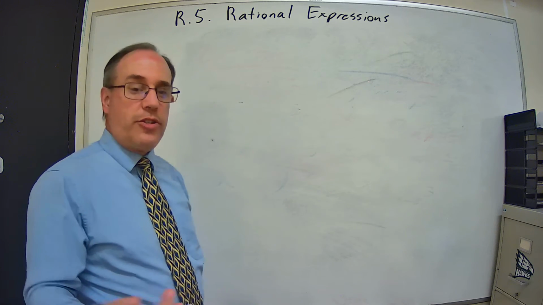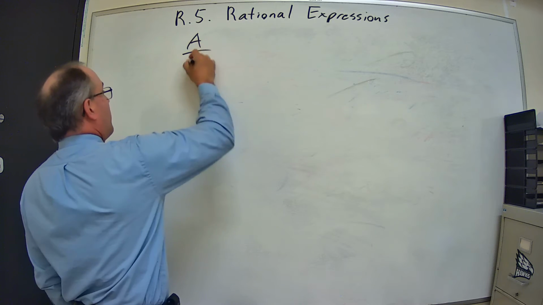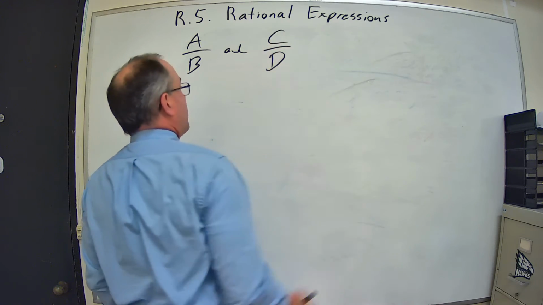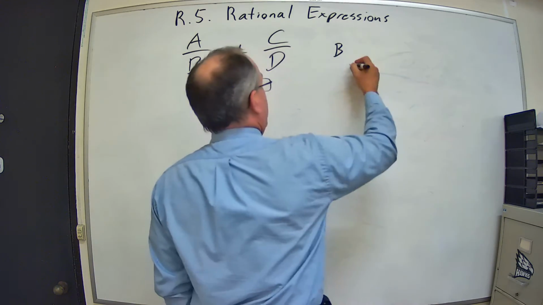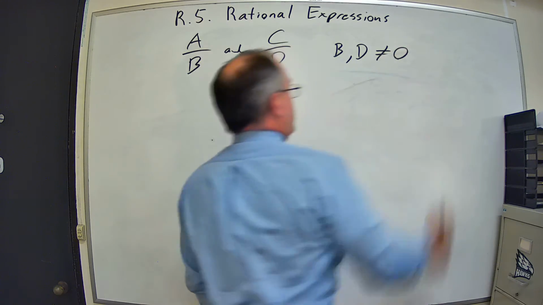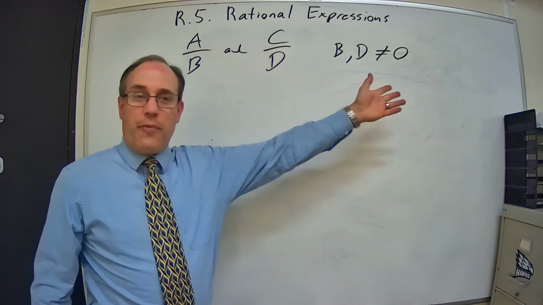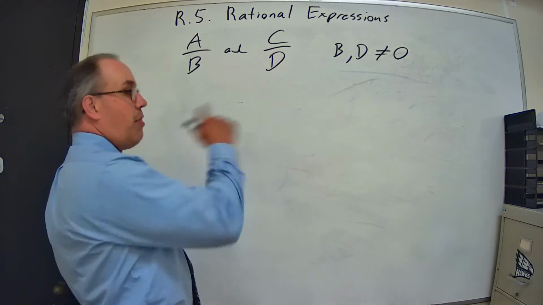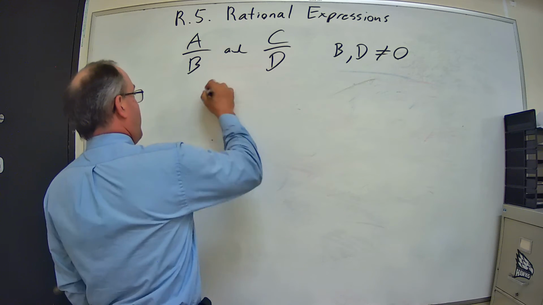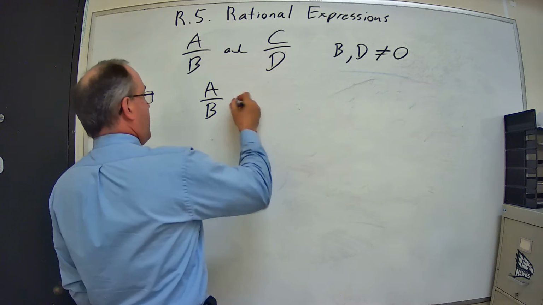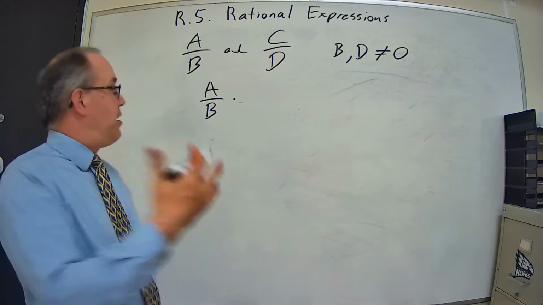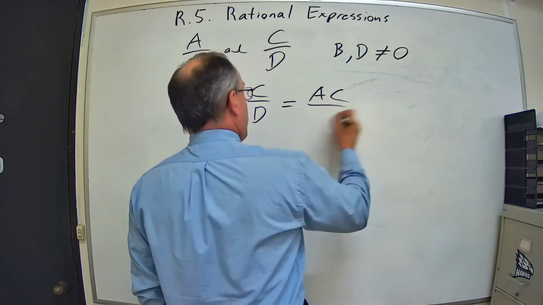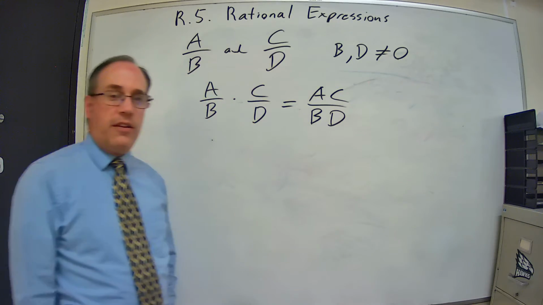So we're going to start with multiplication and division, and basically what we're going to say is if you have two rational expressions, a over b and c over d, where b and d are not equal to 0, remember you've got to put that requirement in there, then we can say that A over B times C over D is equal to AC over BD.